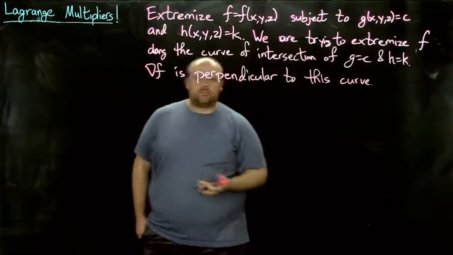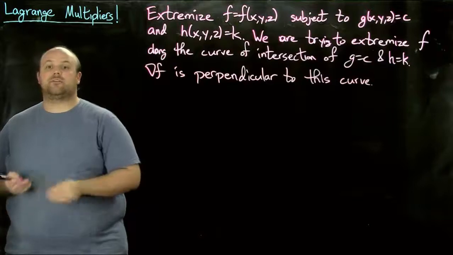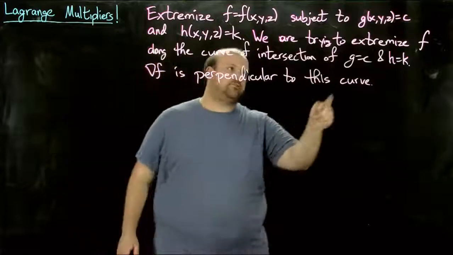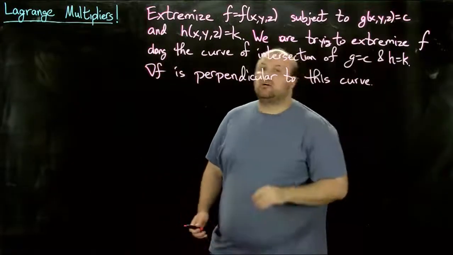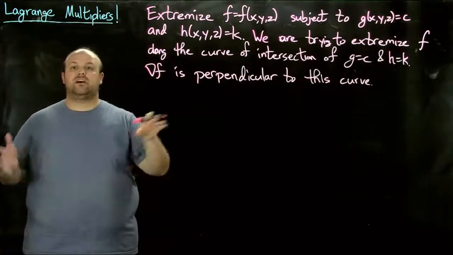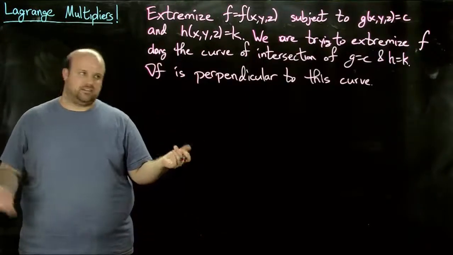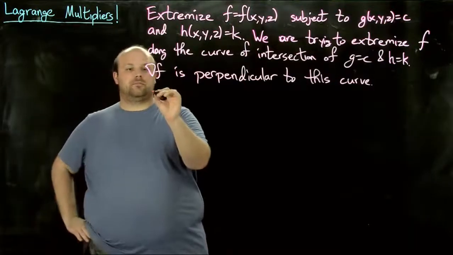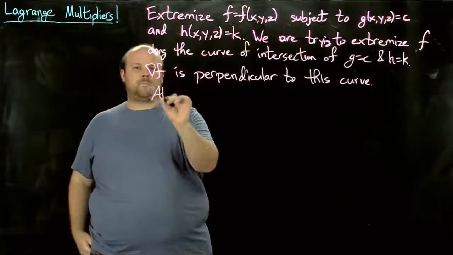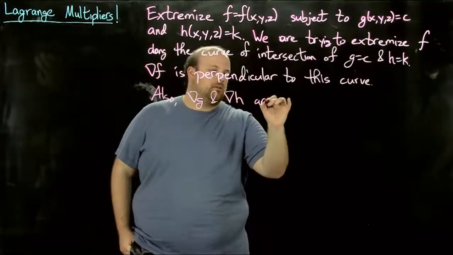And then we know another thing. And think back to the video on finding the tangent line to the curve of intersection of 2 surfaces. We know that the gradients of both g and h are also perpendicular to this curve of intersection. Because remember, that curve of intersection lies in both surfaces, so therefore it has to be perpendicular to both gradients, right? So also, grad g and grad h are perpendicular to the curve.